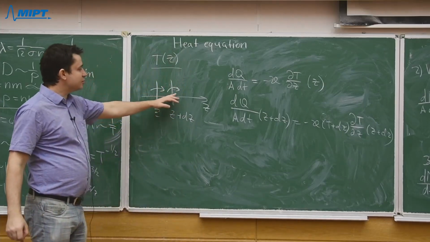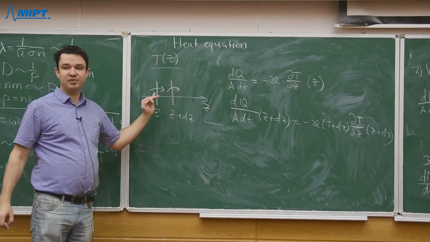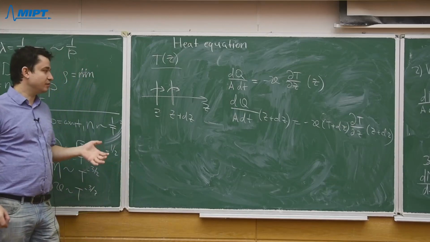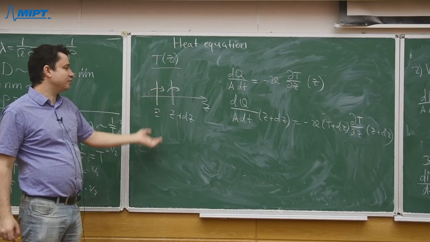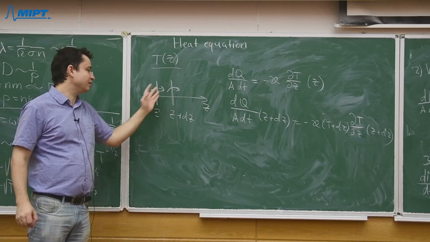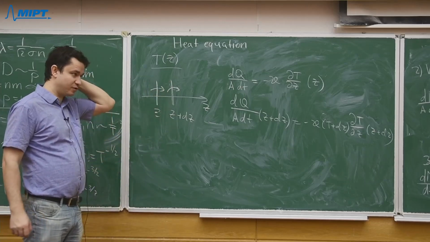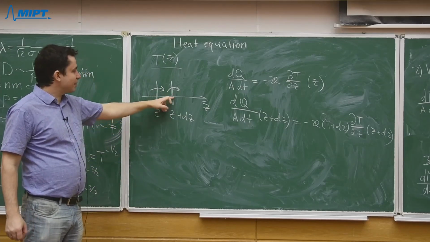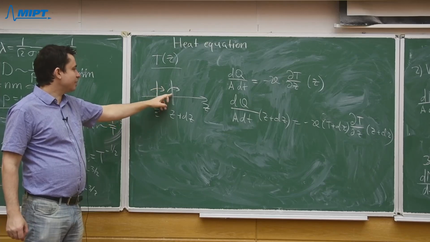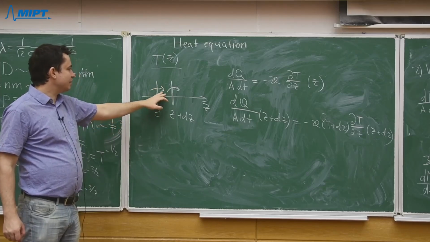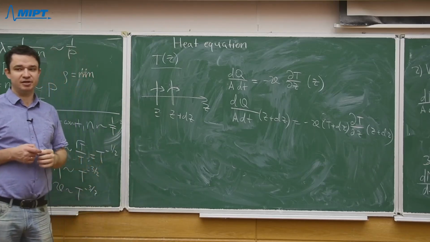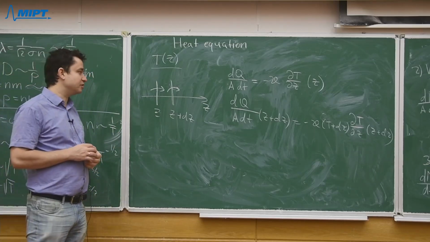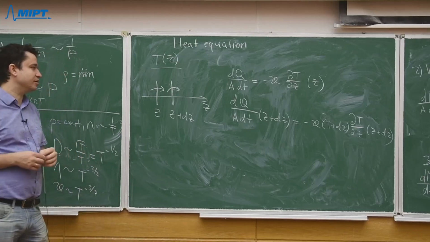Of course, these two flows are not necessarily balanced. If the gradients are different, or if thermal conductivity in here and here are different, for example, we have different materials, then some energy is accumulated here. And as the energy is accumulated in that part, that would lead to the temperature increase.